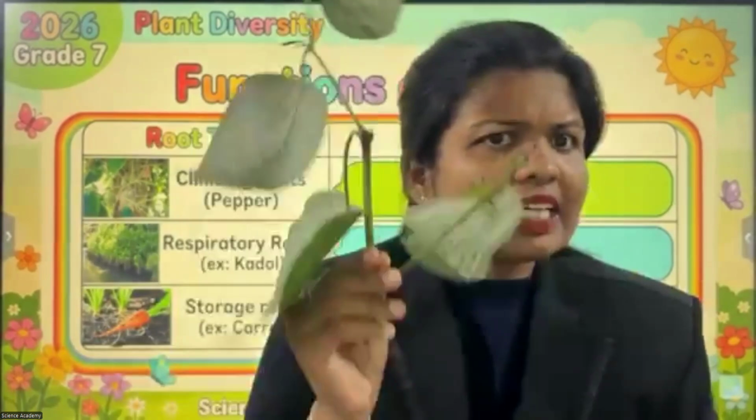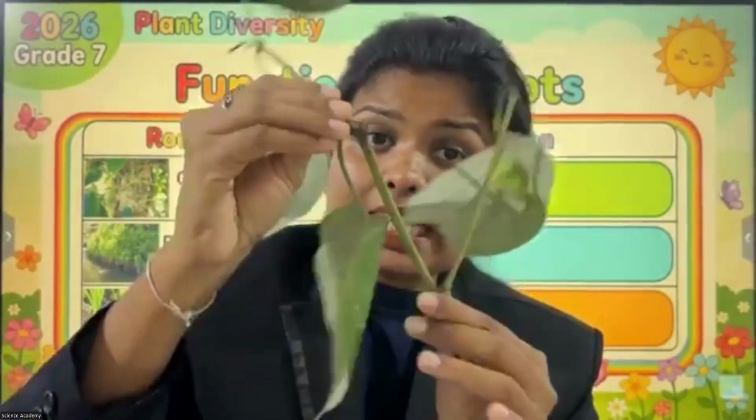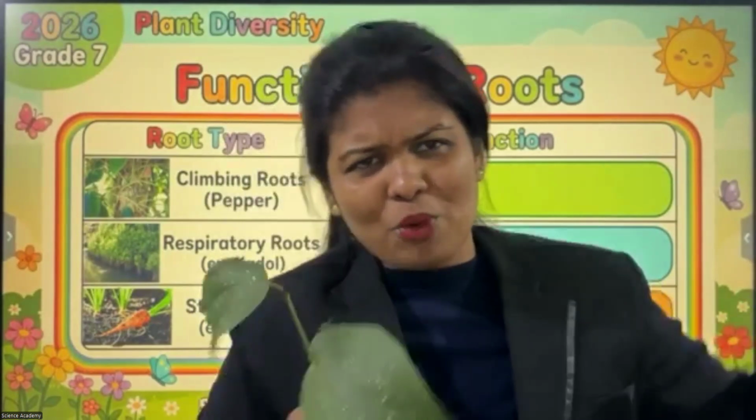Keep it in your mind: this is not the main root of this pepper plant. The main root is in the ground. These climbing roots give additional support to the plant for easier climbing, because the stem is very weak and needs extra support.